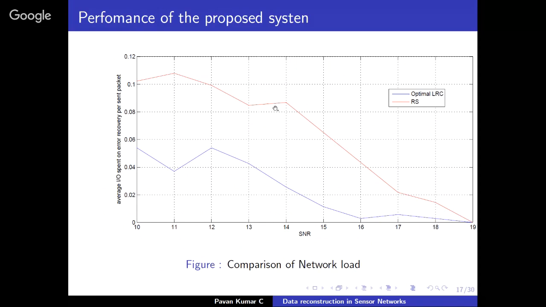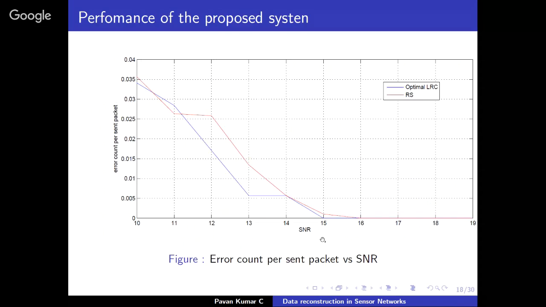From the graph, we can infer that the network load in terms of the IO cycles required to reconstruct the message is less in the case of the optimal LRC, whereas it is higher in the case of the typical Reed-Solomon codes. So we have achieved lower latency, or network load in terms of IO cycles required, where optimal locally recoverable codes are used. This is the error count per sent packet.